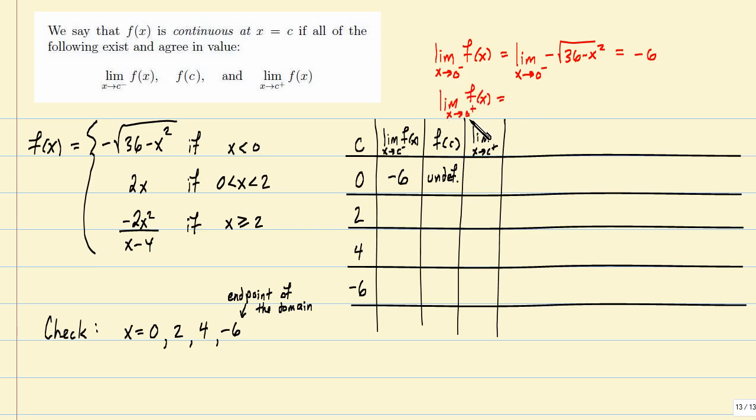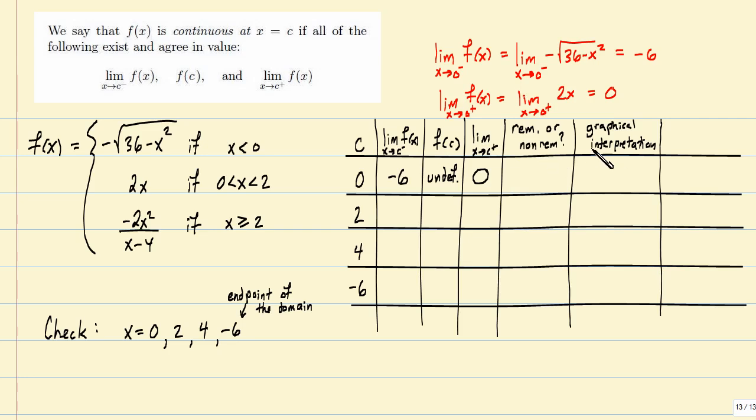What is f of x if we know our x value is just to the right of 0? Well, there we're just to the right of 0, so it must be this piece. So we can write this is the limit as x approaches 0 from the right of 2x. But that's a polynomial, so I'm free to plug it in. And I get 2 times 0, or simply 0. So let's add that down here.